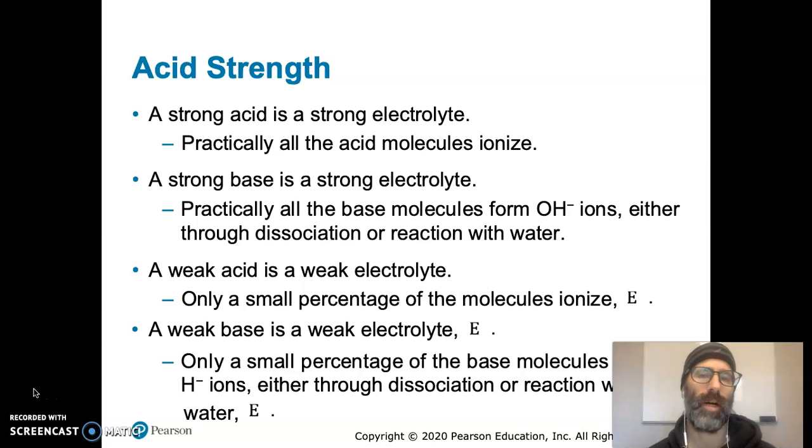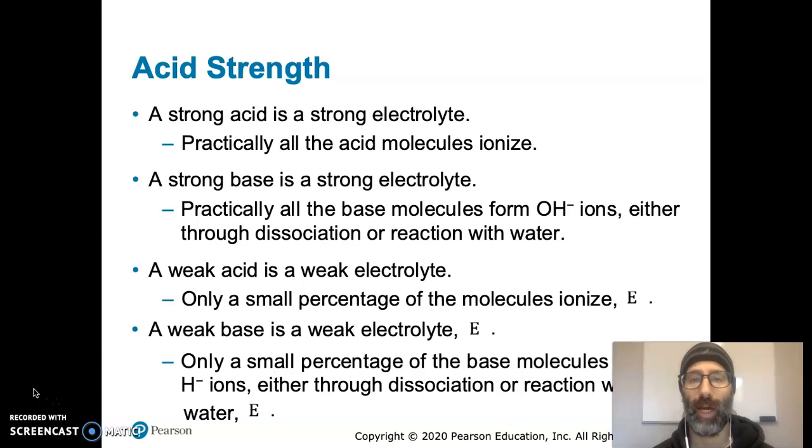When we're talking about acids, when we throw them in water and they dissolve, we use the word ionize. But when we're talking about ionic substances, ionic salts, like sodium chloride, magnesium nitrate, things like that, when we put those in water and they dissolve, we don't use the word ionize, we use the word dissociate.